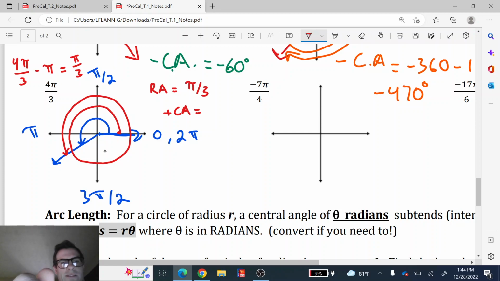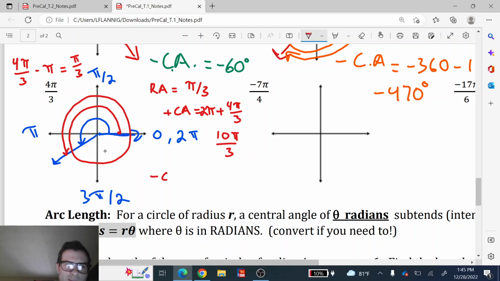It's the 2 pi, which is one whole time around, plus 4 pi over 3. When you add those together, you'll get 10 pi over 3.